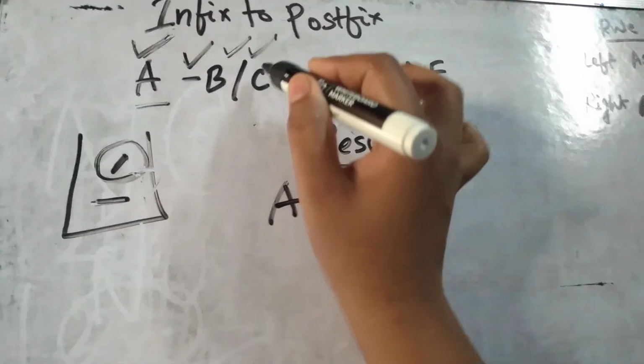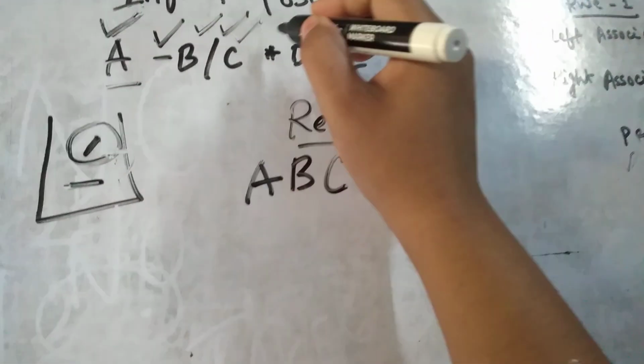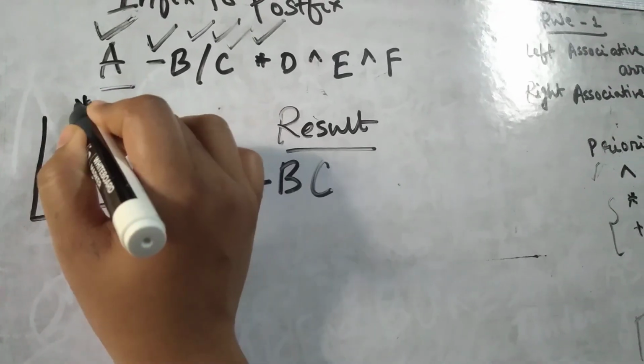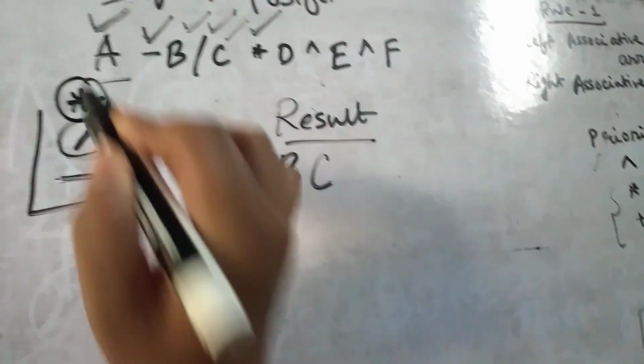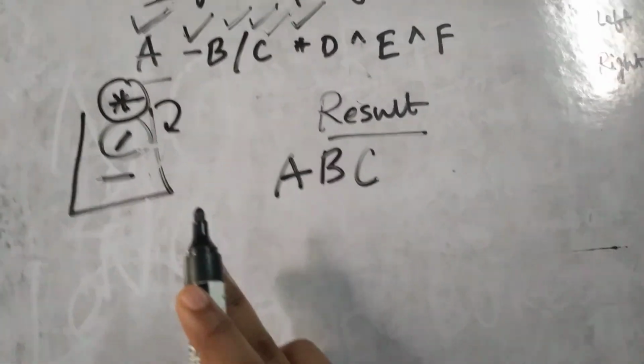Now C comes. Then the multiplication operator. Now the stack starts talking with the other operators. Multiplication asks division: am I less prior than you?